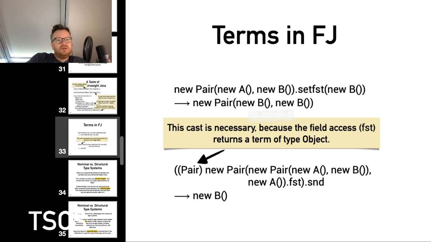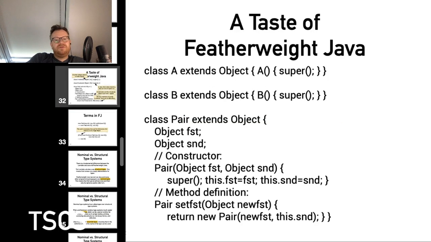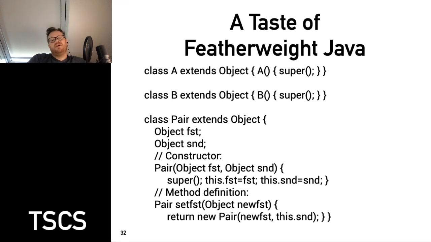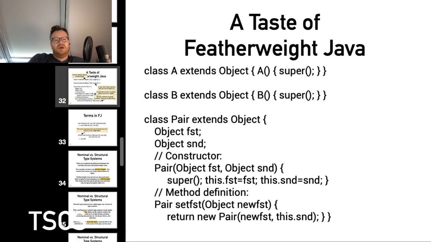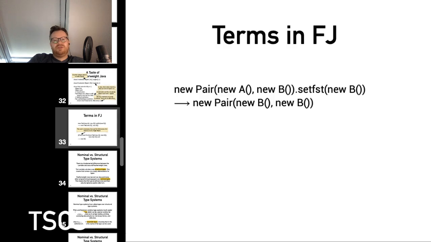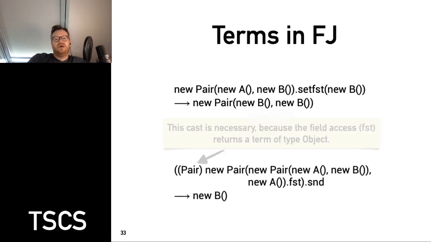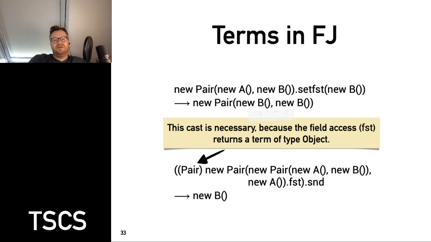Here we are. As you've seen, first and second, these fields of Pair, are of type Object. So all the projections give you Object as type, and so calling fst and then snd would not type check, because we have a declared type of Object.